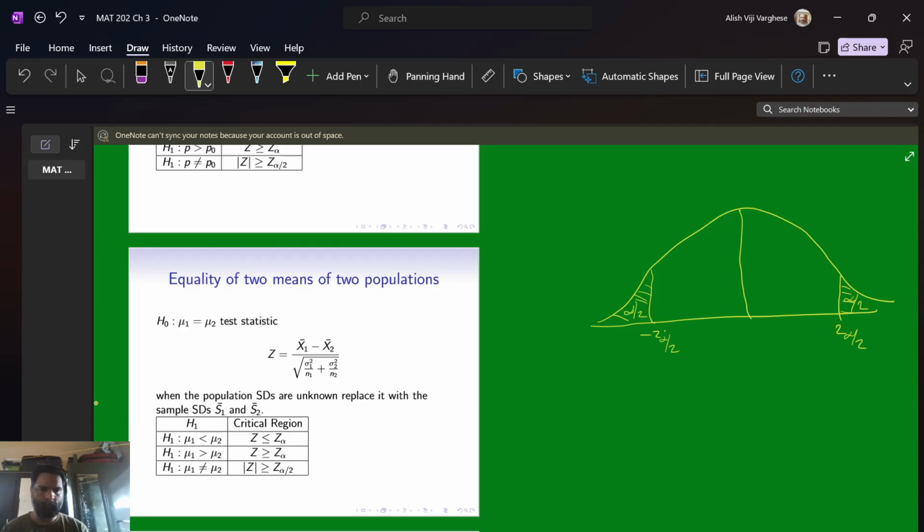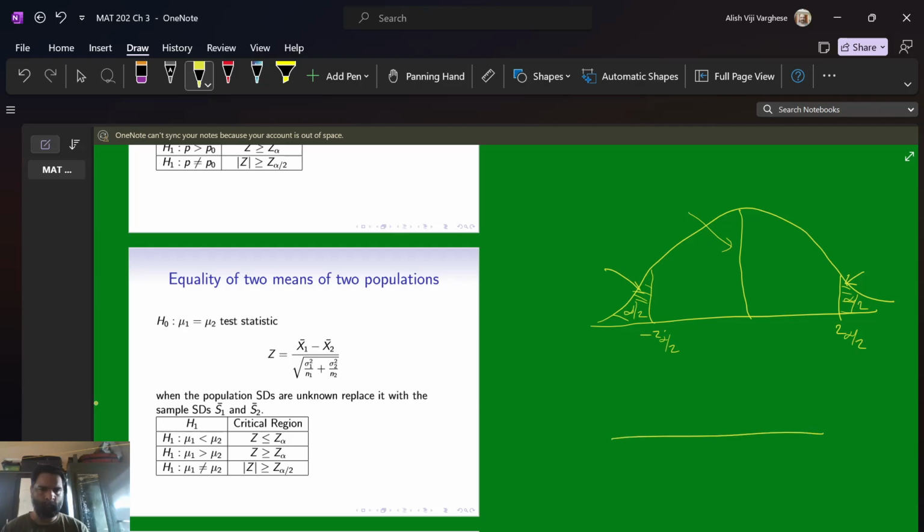If the value of Z, not X bar, falls into these critical regions, then we reject H naught. And if Z falls into this large region, then we accept H naught.